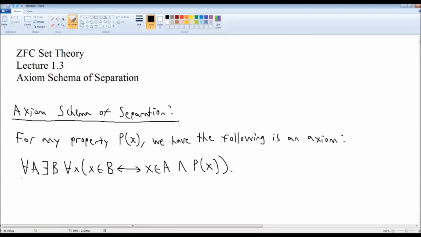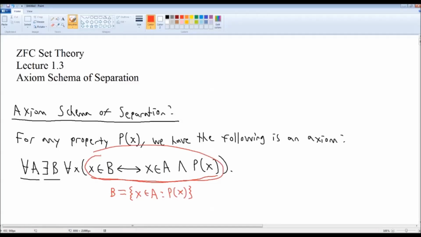So let's decipher this. This says for any A, there exists a set B, spoiler alert, it's going to be a subset of A, such that the elements of B are precisely those members of A for which P of X is true. This part right here essentially says that B is the set of elements in A for which P of X is true.